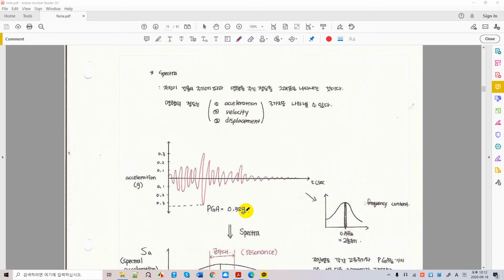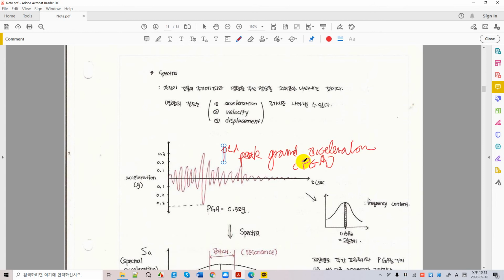So we call this value peak ground acceleration. Let me write it down. Peak ground acceleration. So we just say PGA.